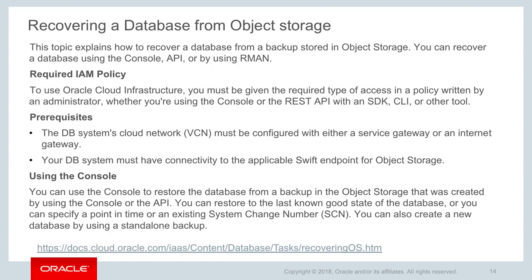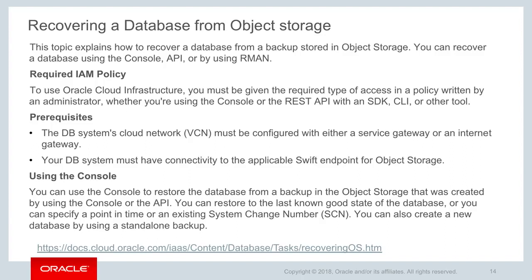You can use the console to restore the database from a backup in the object storage that was created by using the console or the API. Now, in terms of the options for restoring a database, you can restore the database to the latest backup, or you can specify a point in time or an existing system change number, or SCN.